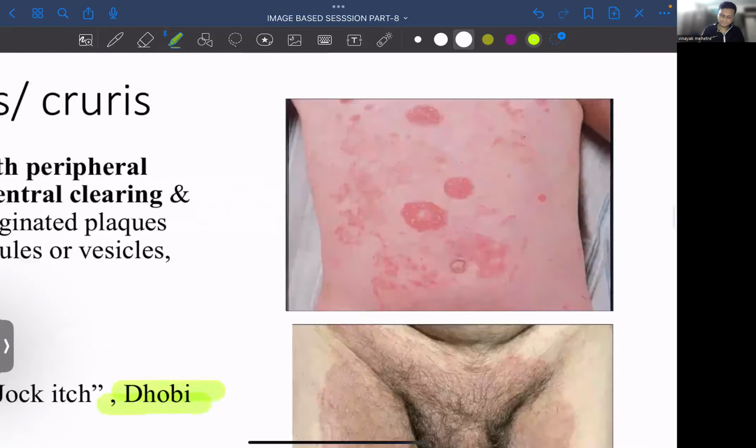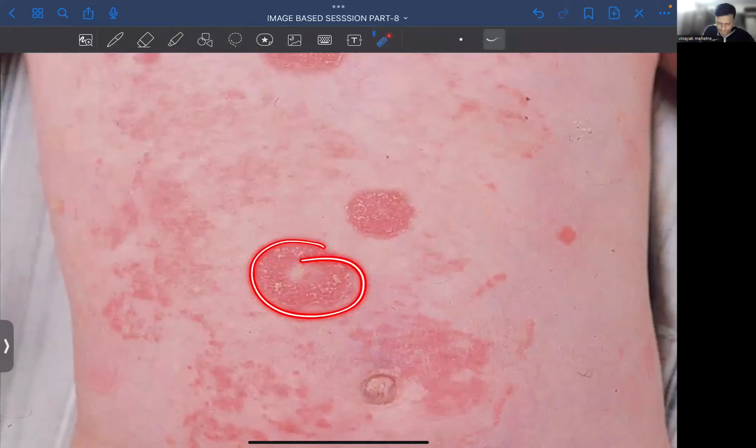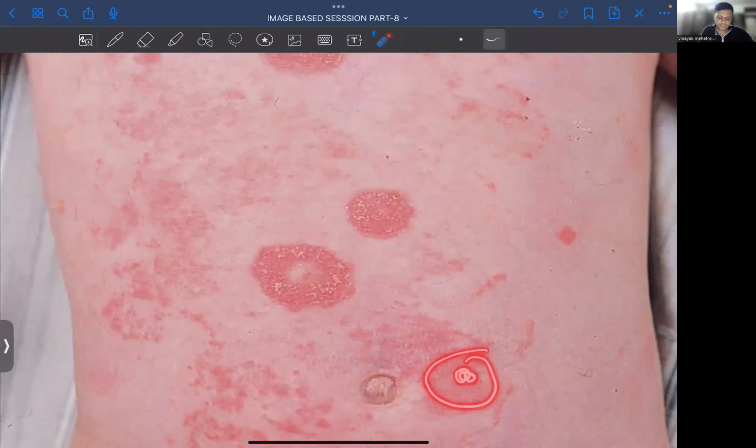देन सी दिस, a lesion with central clearing. Okay, a lesion with central clearing. Clear है. Take a look over here also. Lesion is clear.